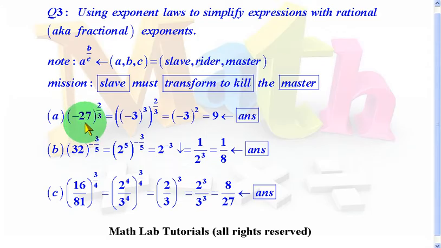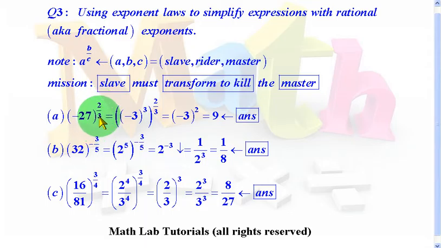For part A over here, we have -27 to the power 2/3. We identify -27 as the base, aka slave, and we identify 2 as the rider. There's the B right there, so 2 is the rider and 3 is the master. The rider just goes along for the ride. In other words, you don't pay any attention to the rider at all for the time being.